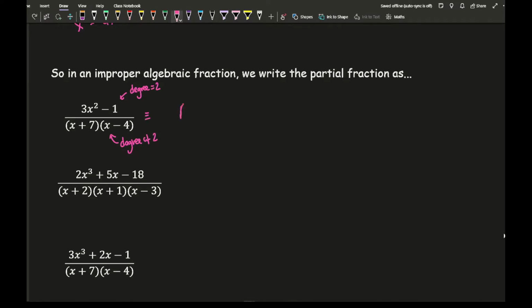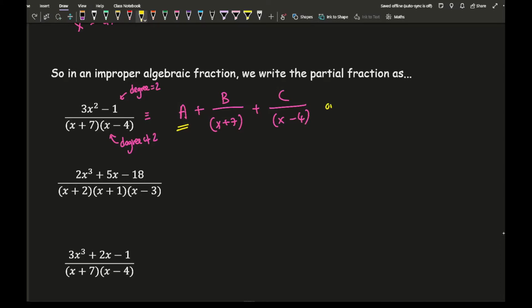So I'm going to end up with a, which is my constant, plus b over the first bracket plus c over the second bracket, just like I did when I had two linear functions in the denominator. So the only difference is this here: because the degrees of x are the same, I'm going to end up with a constant.